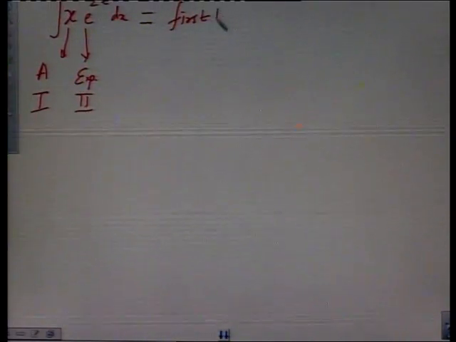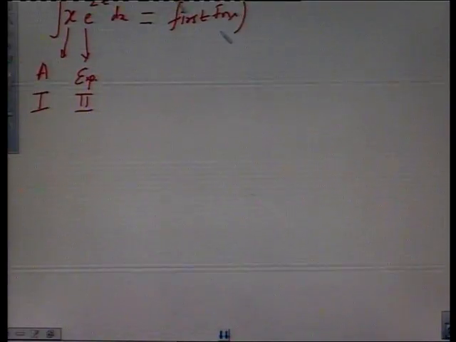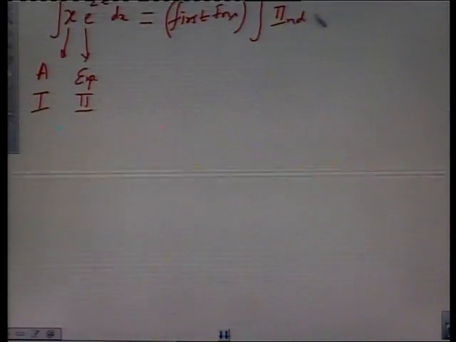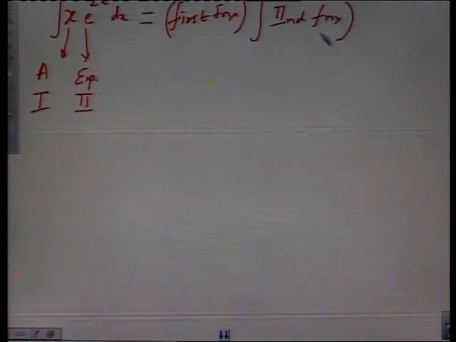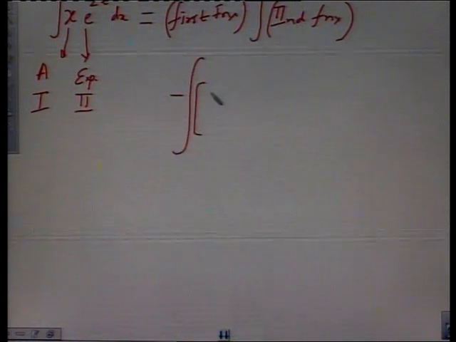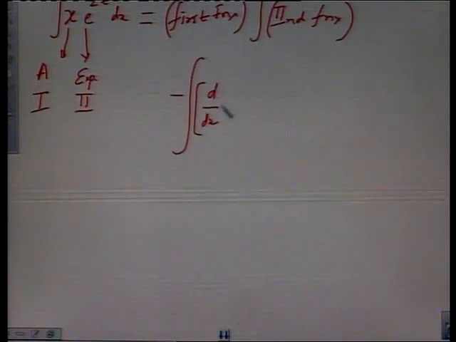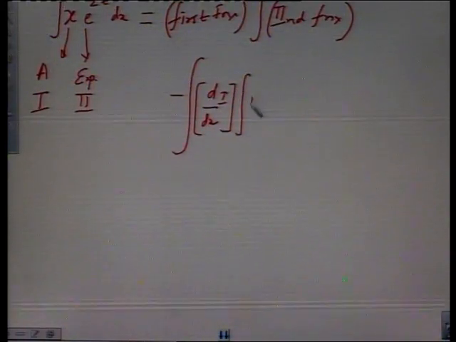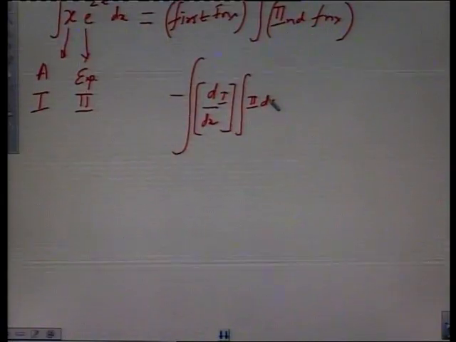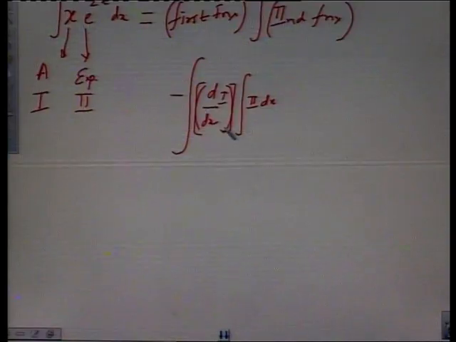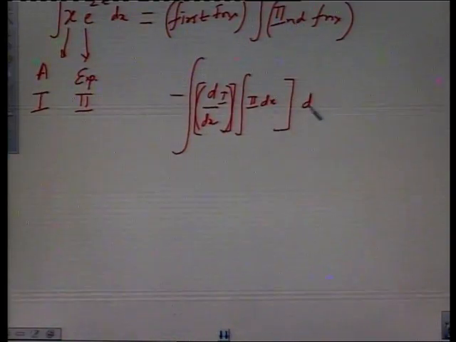It is: first function as it is into integration of second function, minus integral of the bracket derivative of first function into integral of second function, into dx.